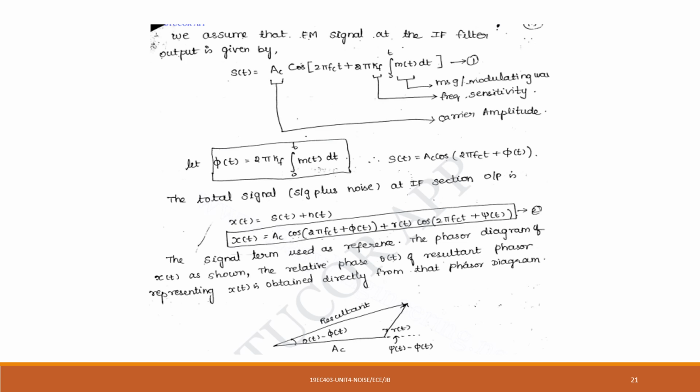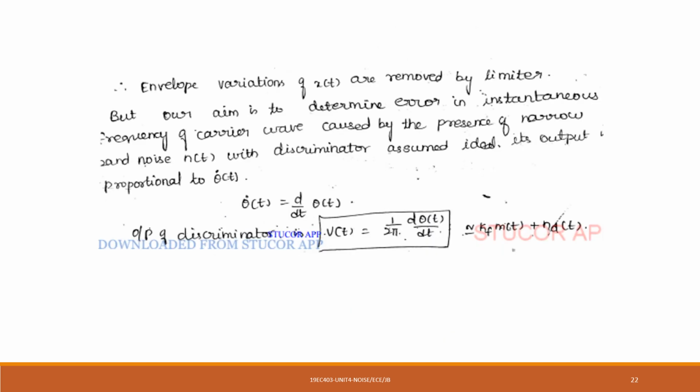And this equation here represents the total signal power. Finally, we also analyze the output at the envelope detector, and the variations in the envelope of our input signal are removed with the help of a limiter section. However, our main objective is to eradicate the instantaneous error, which is caused mainly due to the presence of this narrowband noise.